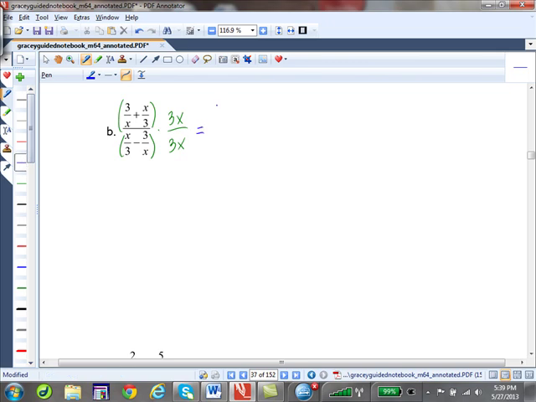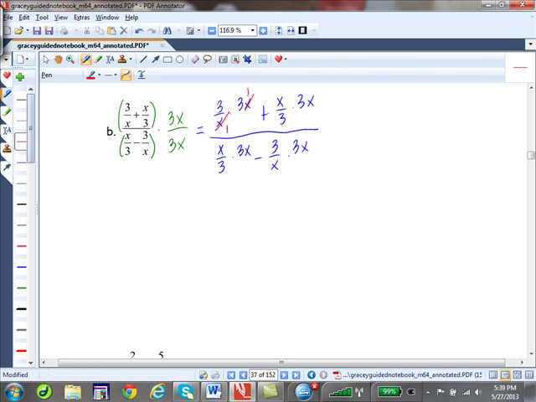And we will get 3 over x times 3x plus x over 3 times 3x using the distributive property. And then in the denominator we'll have x over 3 times 3x minus 3 over x times 3x.